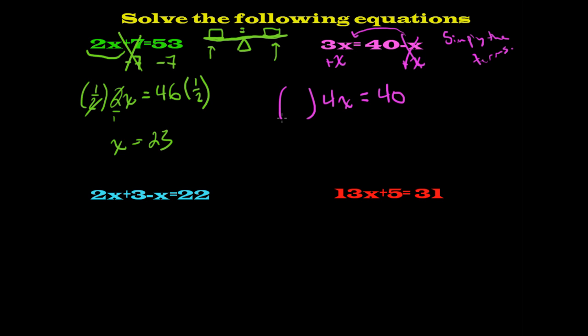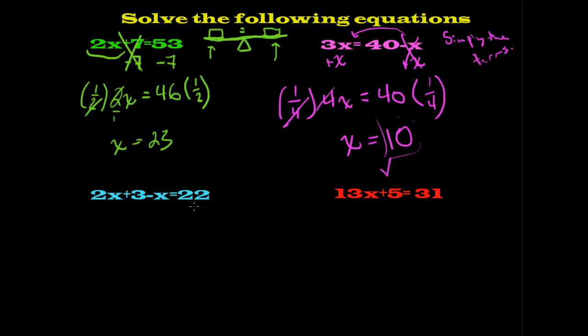Now we're going to multiply each side by 1/4 so that this 4 cancels, leaving us with just x equals 10. Plugging it in, you see 10 times 3 is 30, and 30 is equal to 40 minus 10, which is 30, so it's true.